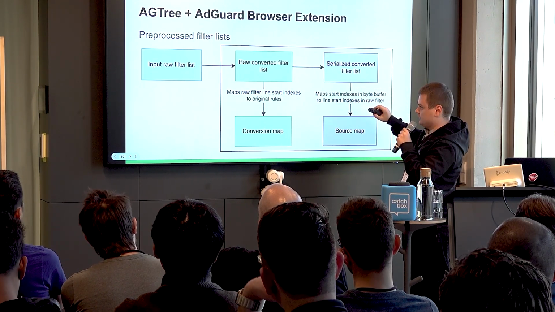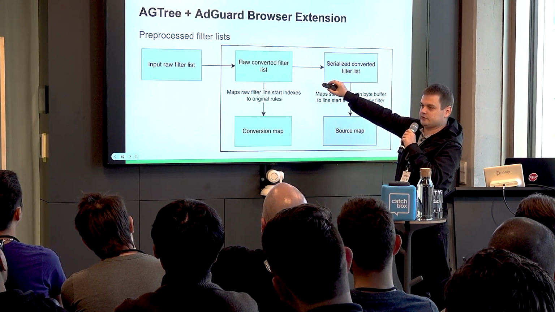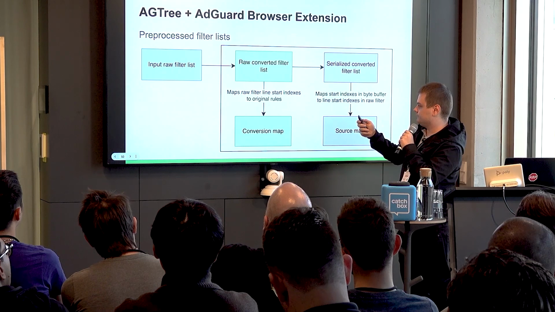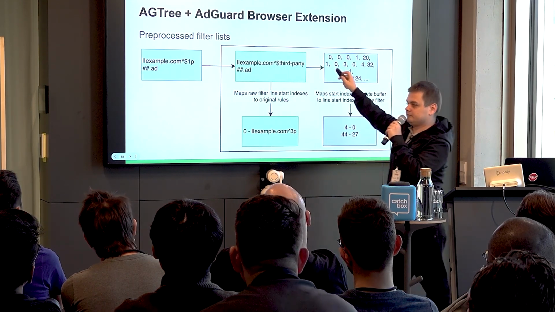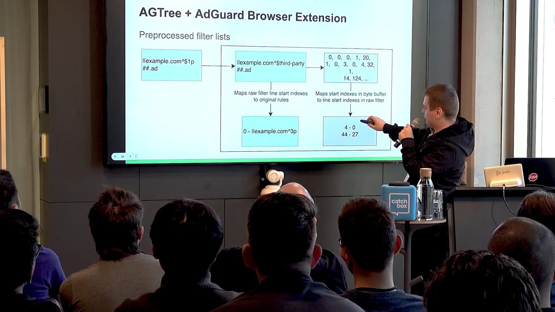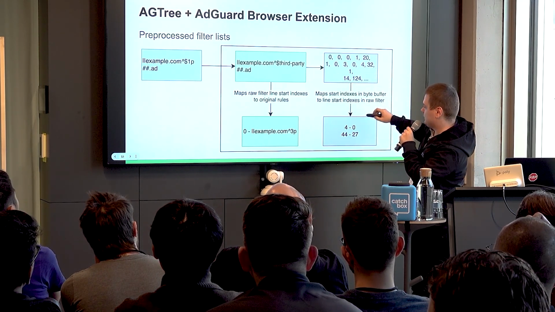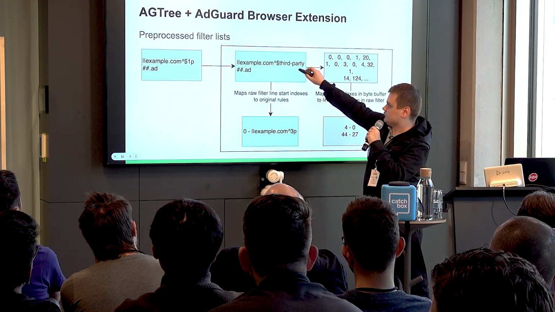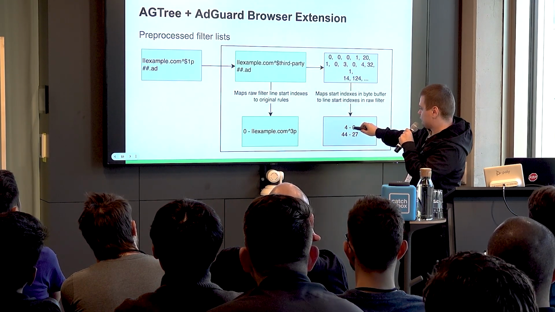And we need to get the original rule. So first step, based on the source map and the start index in the byte buffer, we can retrieve the original start index.